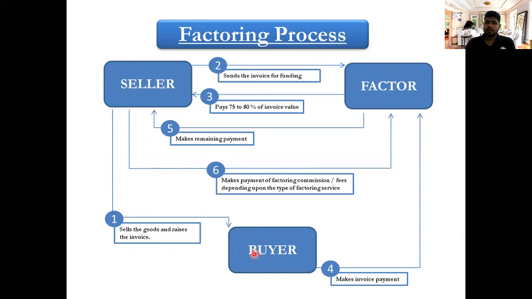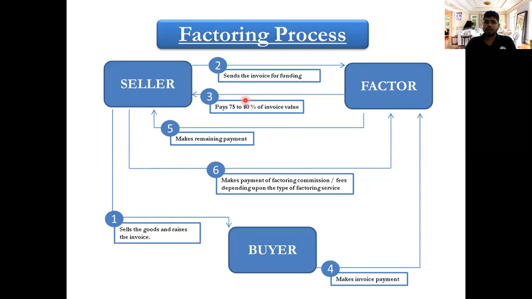Now, the receivables will be submitted to the bank, and the bank will pay 70 to 80% of the invoice. Say a 100 million receivable is submitted to the bank, and the bank will give up to 75 to 80% of the 100 million, say 75 million.